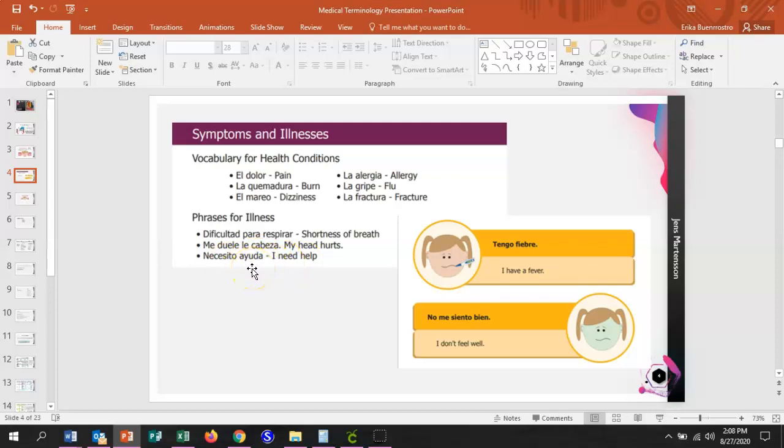You could be out and there could be an accident and somebody could be saying necesito ayuda. So that's another good reason to learn medical terminology. If somebody comes in and says I have fever, fever is fiebre. I have is tengo. So tengo fiebre is I have fever. No me siento bien means I don't feel well.